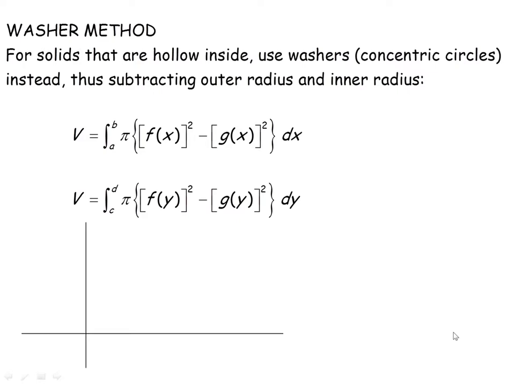In geometry, if I asked you what is the area of the shaded region, what would you have to do? You'd have to find the area of both of these and then subtract them, right? We're going to do the exact same thing. Kind of, sort of.